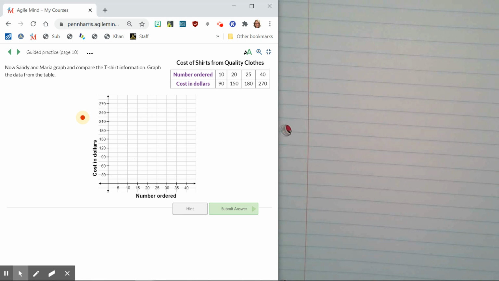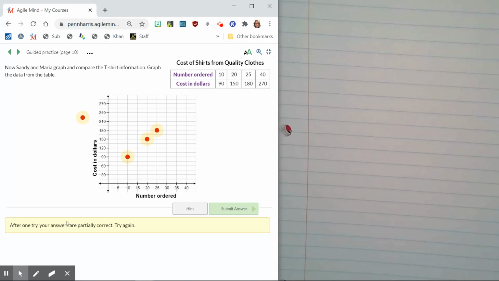So 20 up to 150. 25 costs 180. And 40 costs 270. That's it. Oh, it didn't like where my last spot was. 40, 270. There we go. Okay.